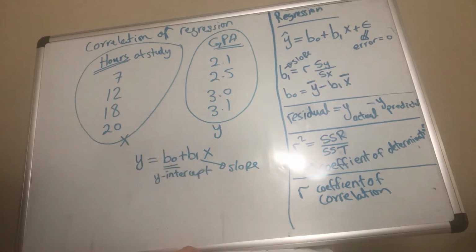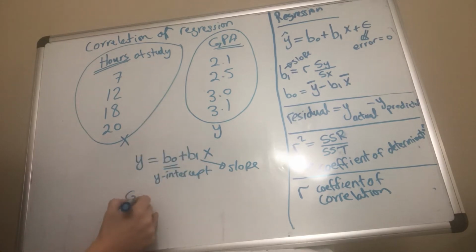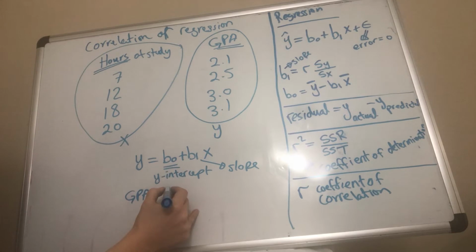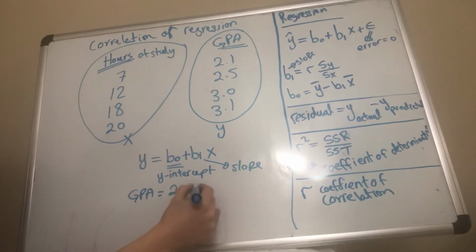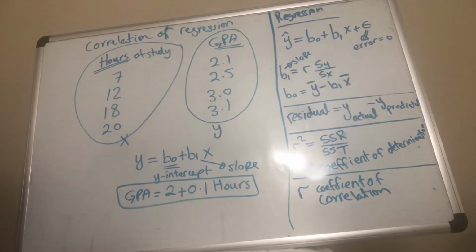Let's say you do the necessary calculation and find that GPA equals, say, B0 is 2 and your slope is 0.1 per hour. So this is the linear equation that relates hours to GPA.